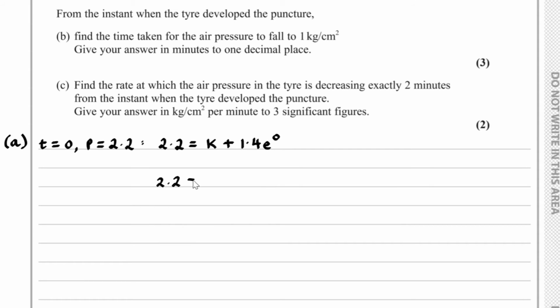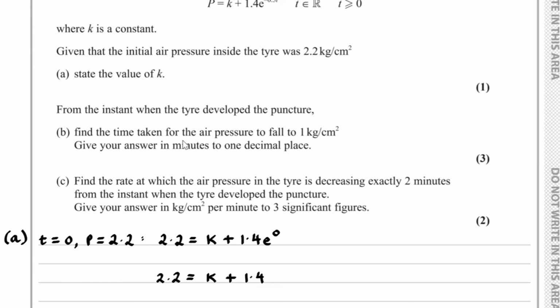So we have 2.2 equals k plus 1.4, and so therefore we can conclude k is equal to 0.8, and therefore p is equal to 0.8, which is our value for k, plus 1.4 e to the power of negative 0.5 t.